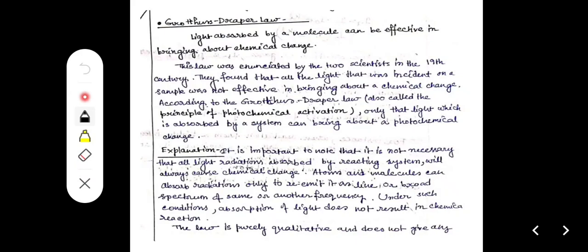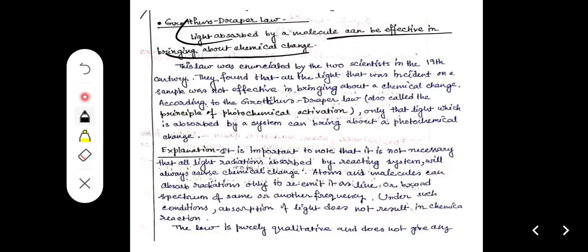Now we consider some laws. First one, the Grotthuss-Draper law. Light absorbed by a molecule can be effective in bringing about chemical change. When light is absorbed, the molecule gets excited, and due to this some chemical changes can occur.